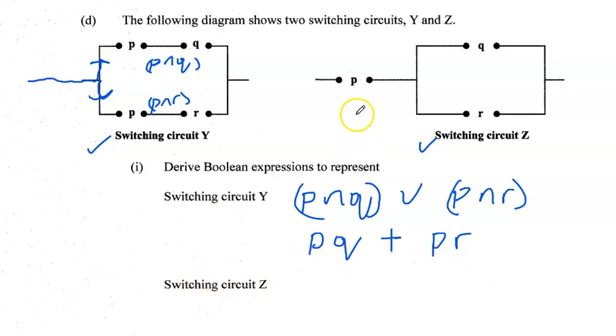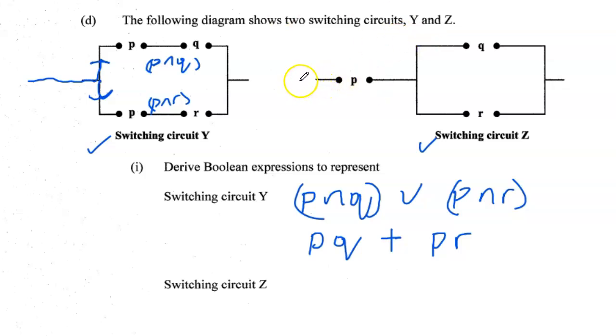The switching circuit for Z, so notice in Z we have P, and if you go this direction, so you have P. If you go up, that's P and Q. And if we go down, other direction, so let's look at it again.